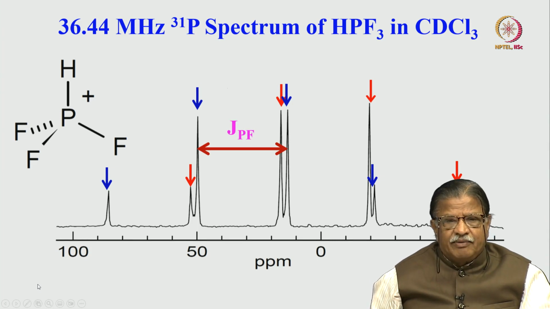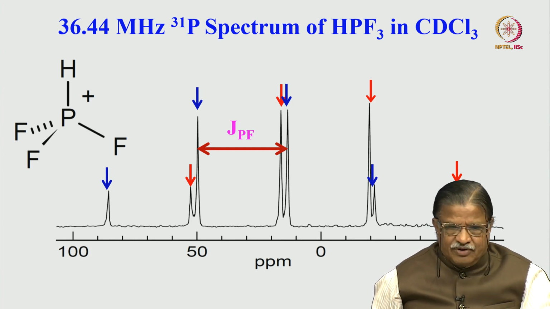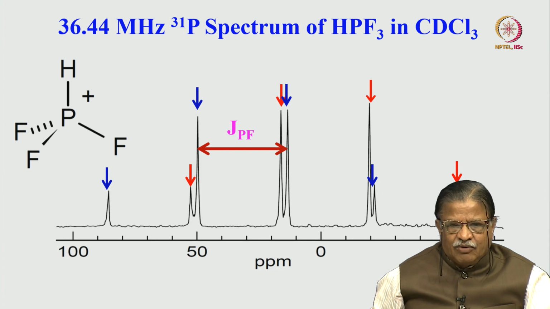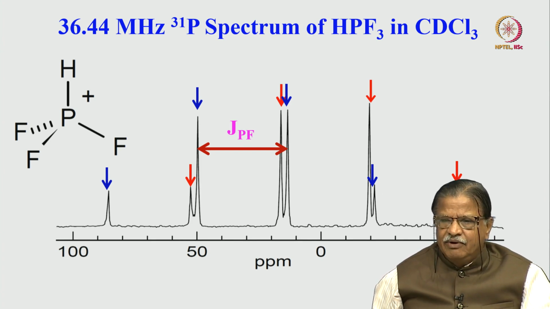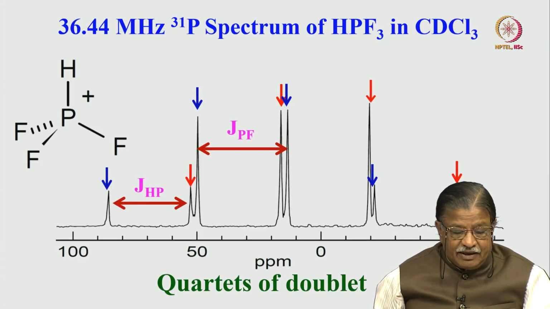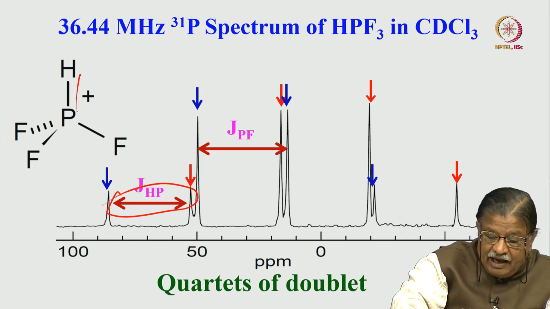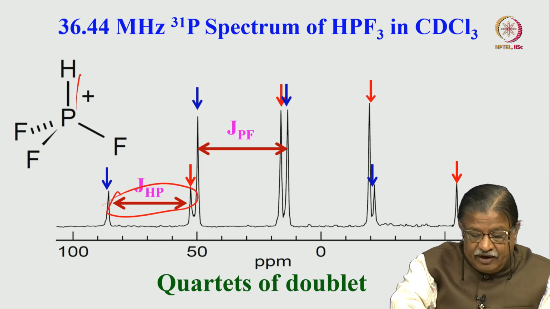This is JPF coupling, because 3 fluorines are present, it is a quartet. Any two adjacent lines of the quartet, if you take, will give you the PF coupling. And what is the HP coupling here? HP coupling is here. See, this is HP coupling, and subsequent lines you can consider this one.